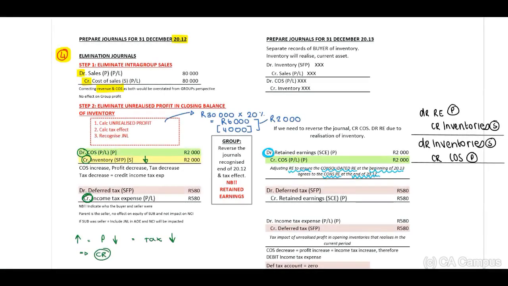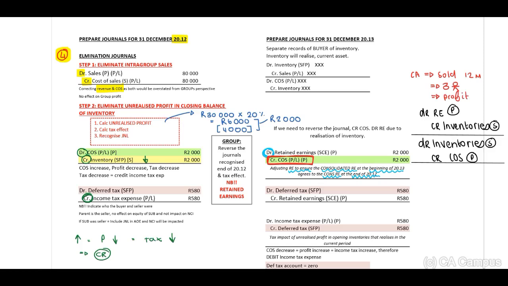Now, you might ask me, but why do we credit our cost of sales? Okay, now, if we look at inventory, we assume, due to the fact that inventory will be a current asset, that this will be sold within the next 12 months to a third party, therefore outside the group. And then profit on this transaction will realize.